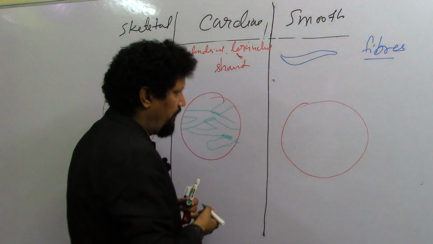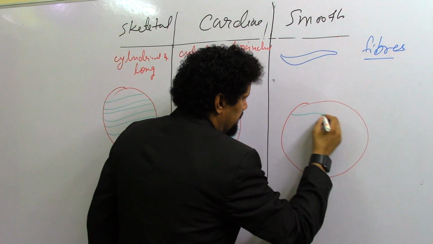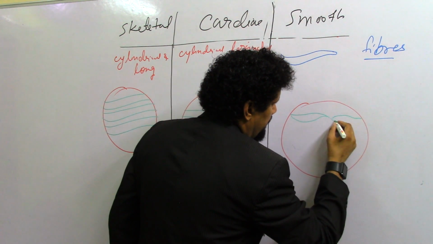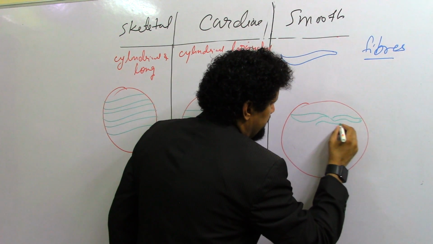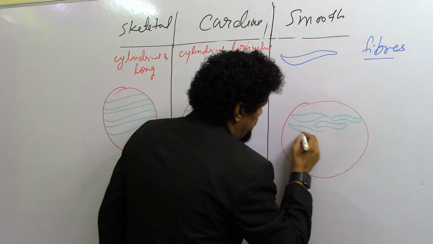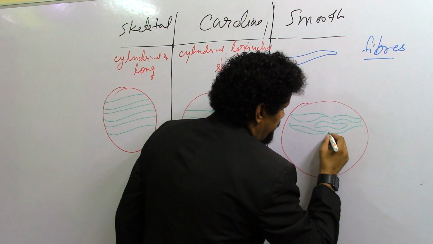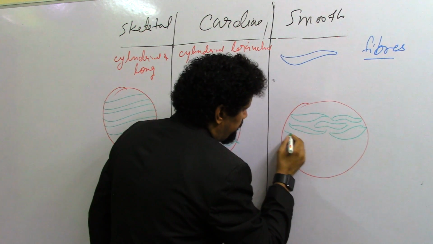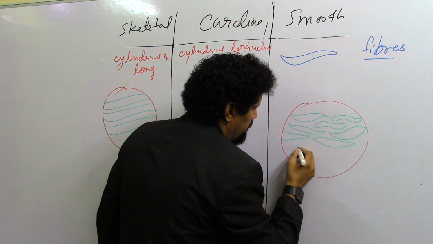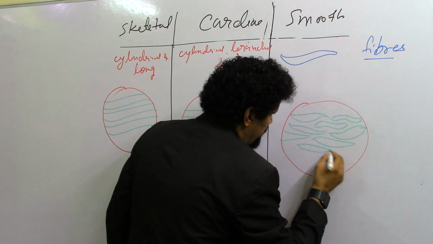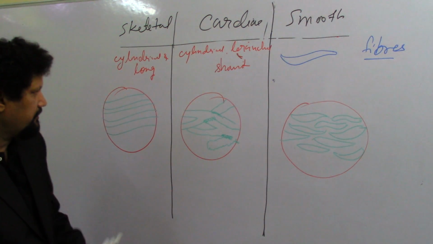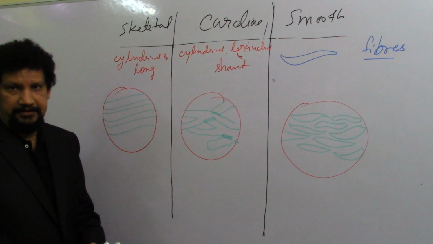And in case of smooth muscles, they are having the spindle shaped muscle fiber. This is the basic arrangement of fibers in all three types of muscles.